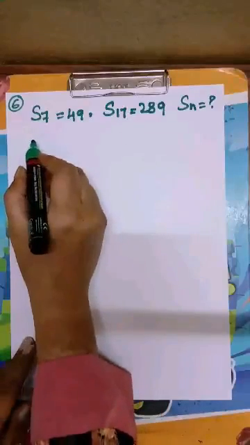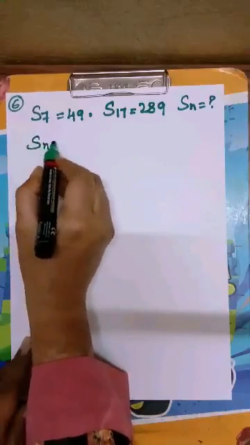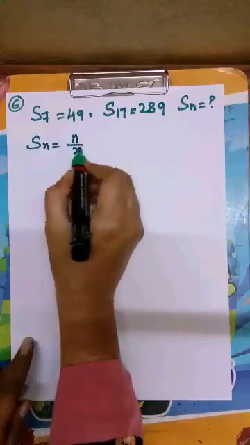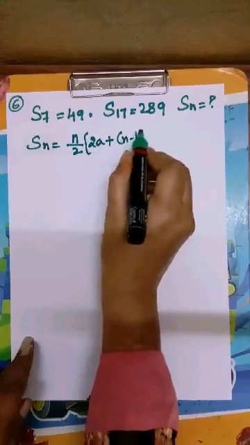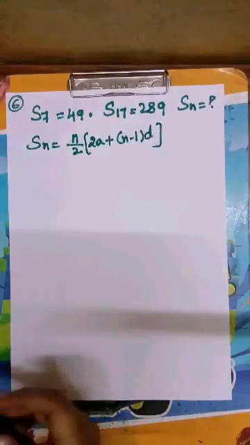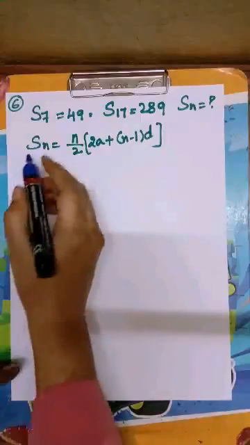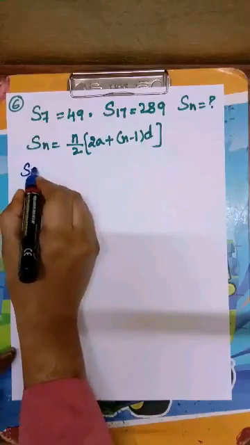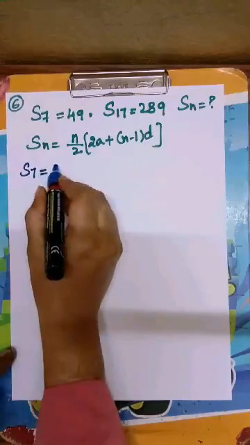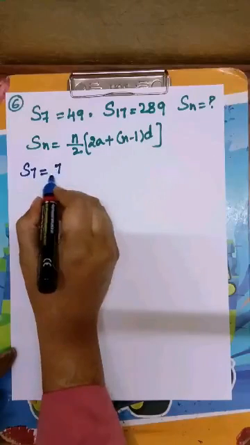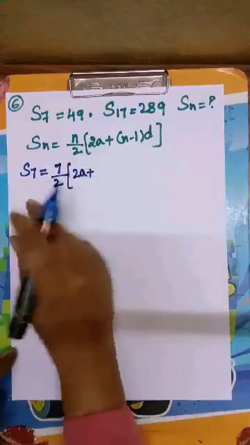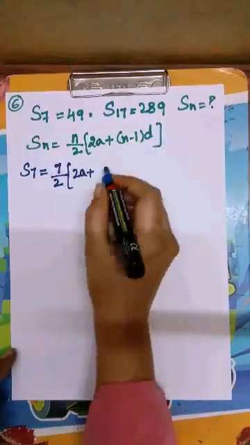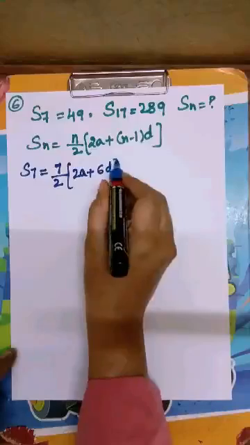So we are going to put the formula of sum to n terms. Sn is equals to n by 2 into 2A plus n minus 1 into D. N is how much? 7. S7 is given, so n is 7. So S7 is equals to 7 by 2 into 2A plus 7 minus 1 is 6D.